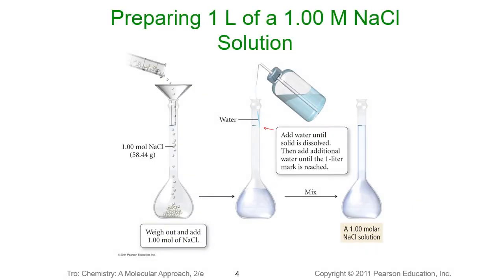So when we're preparing a solution, say we want to make a 1 molar solution of sodium chloride, we're going to have to add 1 mole of sodium chloride, and the piece of glassware that we use is called a volumetric flask.